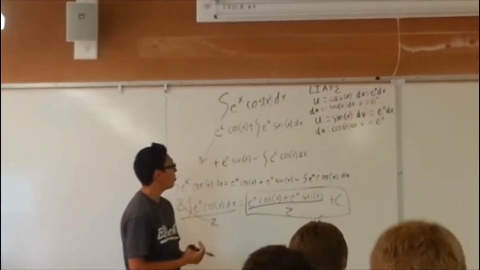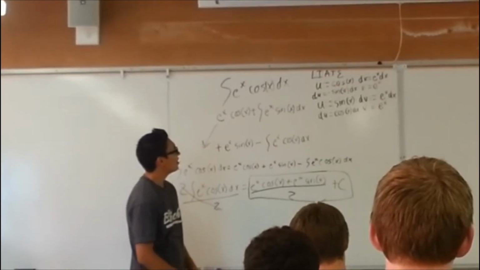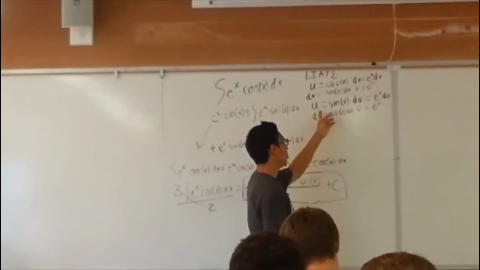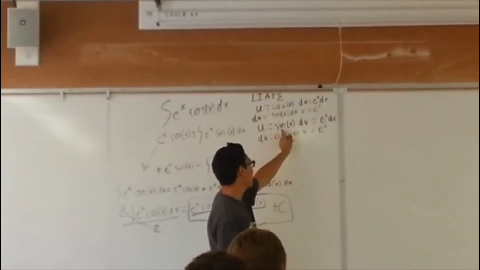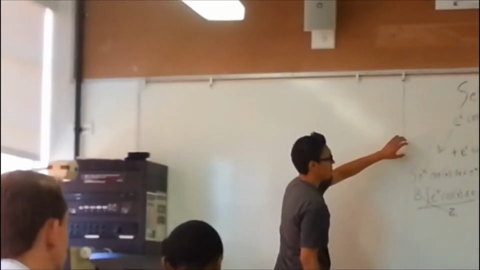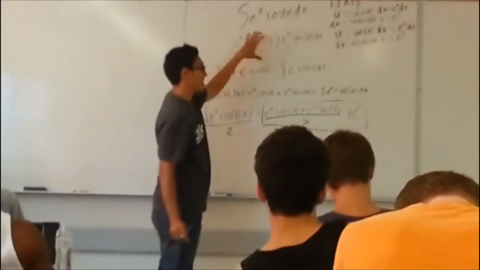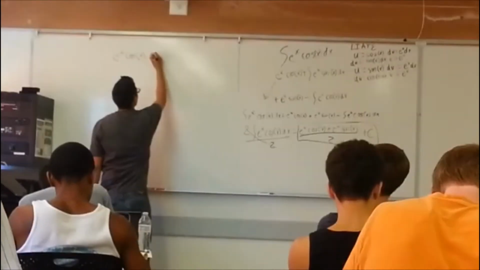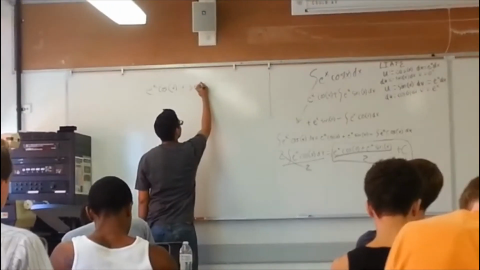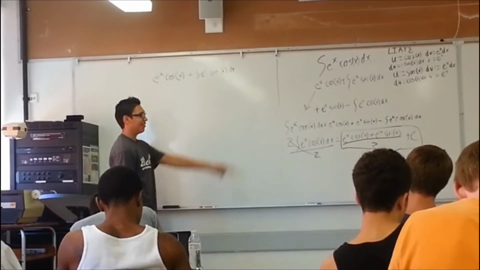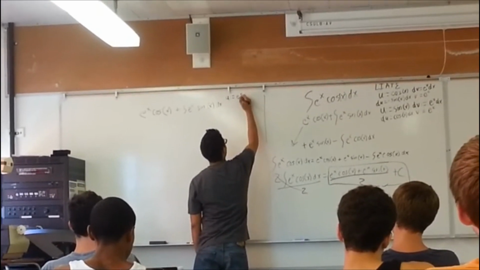And an example of something that can go wrong while you're doing this is, let's just say that when you do the integration by parts again, you decide to make u equal to e to the x and dv equal to sine x dx. I'm just going to show you an example of that over here. So after you do it the first time, let's just say you want to be a rebel and not follow the rules of the algorithm, and you make u equal to e to the x.